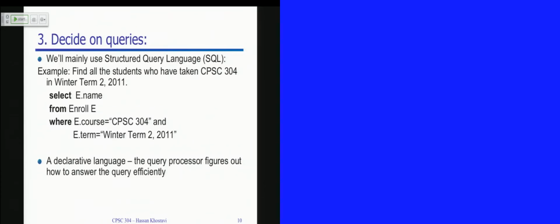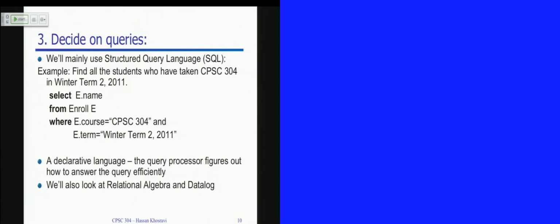Okay, so this is one way that you can do this. SQL is a declarative language, which means that you only say what you want to get. So this is me saying that this is the information I want to get. And you don't have to specify how you're going to get that. And the database management system will basically take that query and optimize it for you, so you don't have to worry about that.